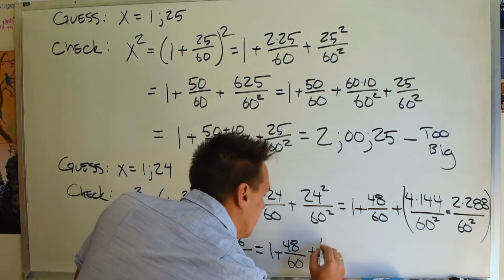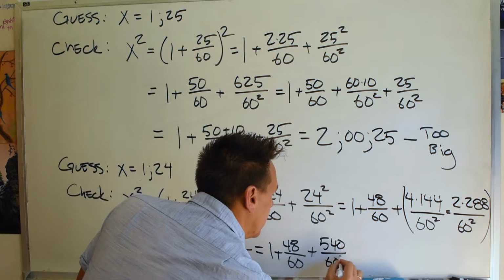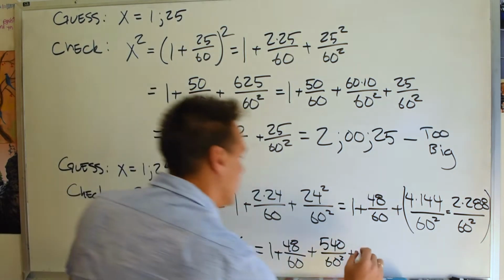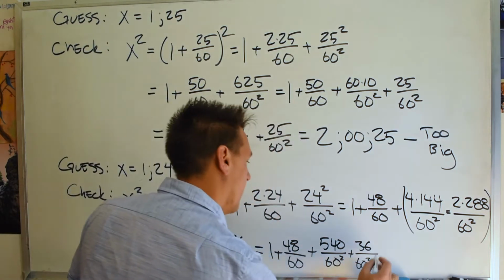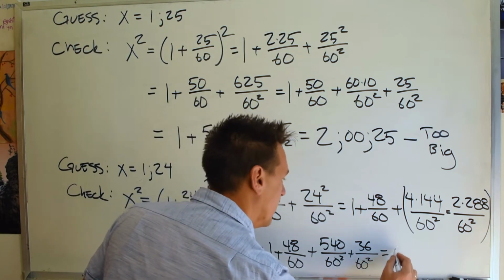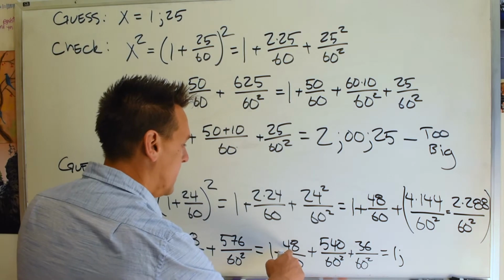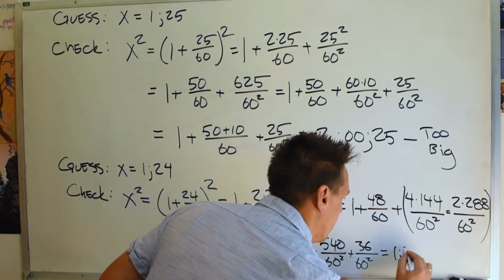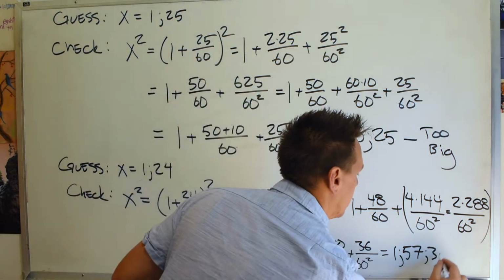Anyway, this is 540, which is 9 times 60. And then what's left over is 36. All right, and then so all together, I'm going to get 1 and 48 plus 9, which is 57. And then the next place, 36.